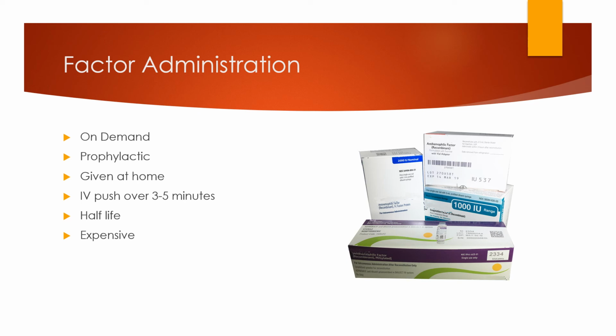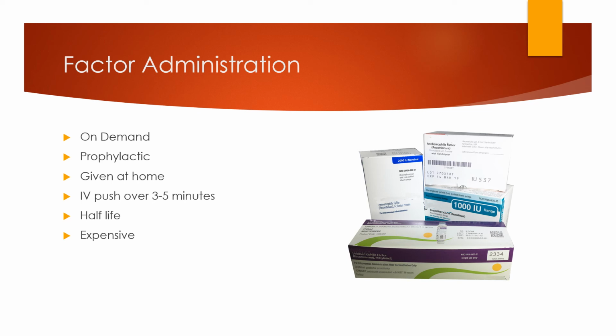Factor 9, the half-life for factor 9 is 18 to 24 hours. So this is important when you are giving on demand before a procedure or immunizations, because it's very important that it's given at the appropriate time.